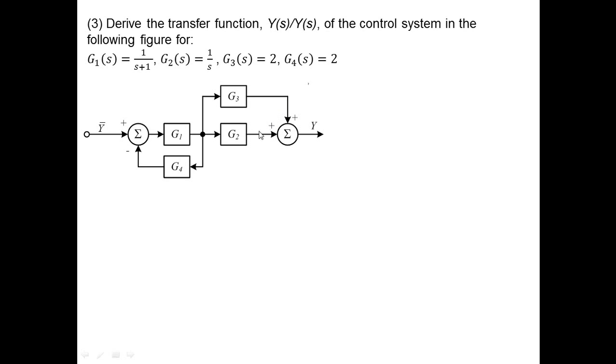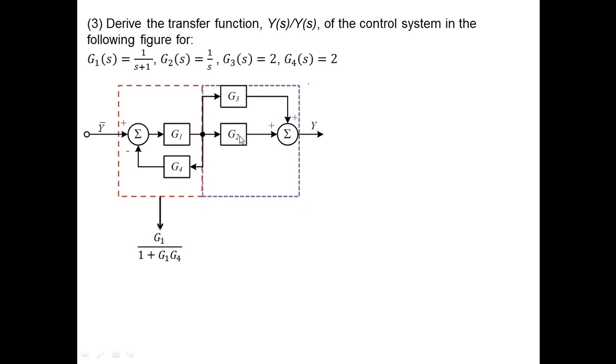So for the first, the negative feedback route, if you look again at the lecture notes, the simplified transfer function of a negative feedback loop will be G1 over 1 plus G1 G4. Again, here we have plus since we have a negative feedback loop. In the second one, we have just two parallel routes.